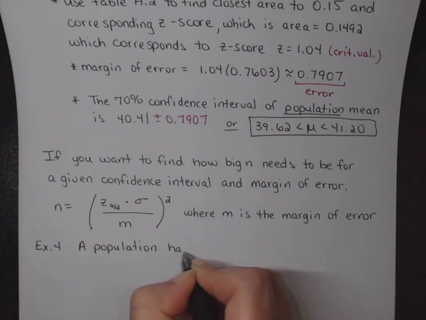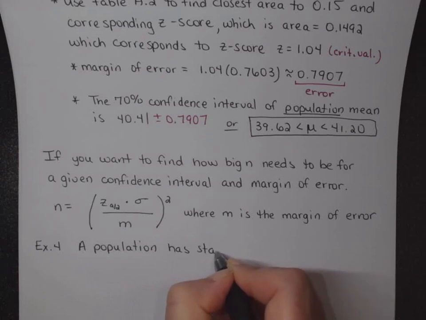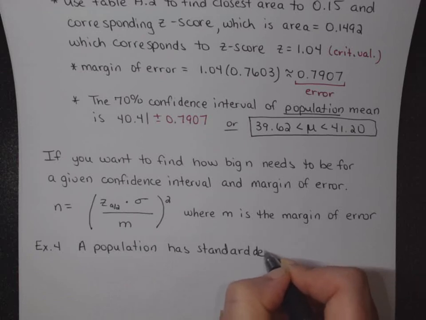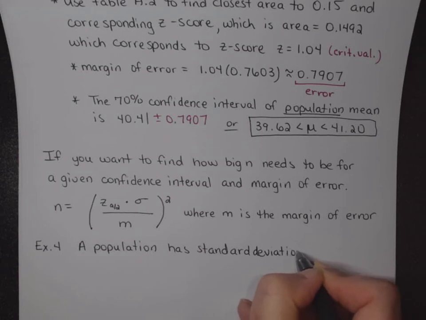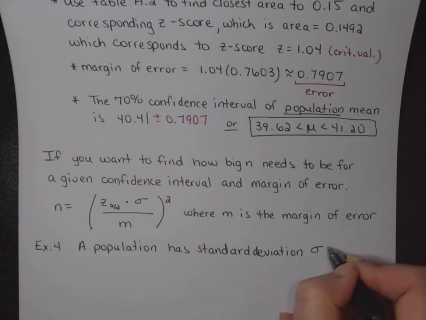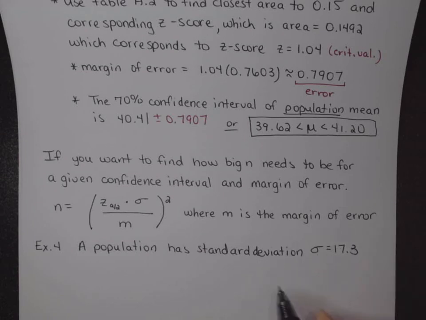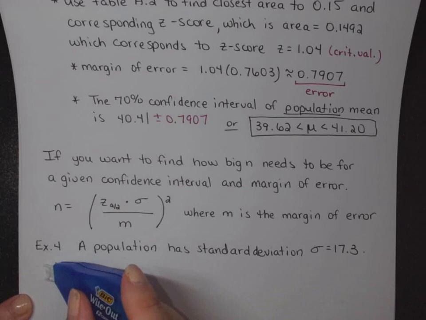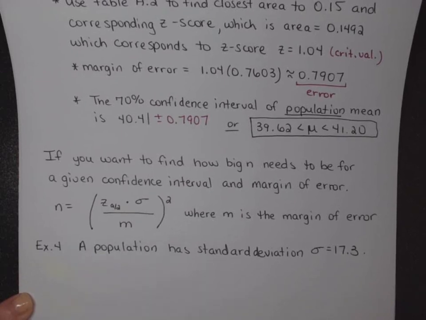All right, so let's say that a population has a standard deviation with sigma equaling 17.3. And let's not do a part A, we'll just do one part on this one.